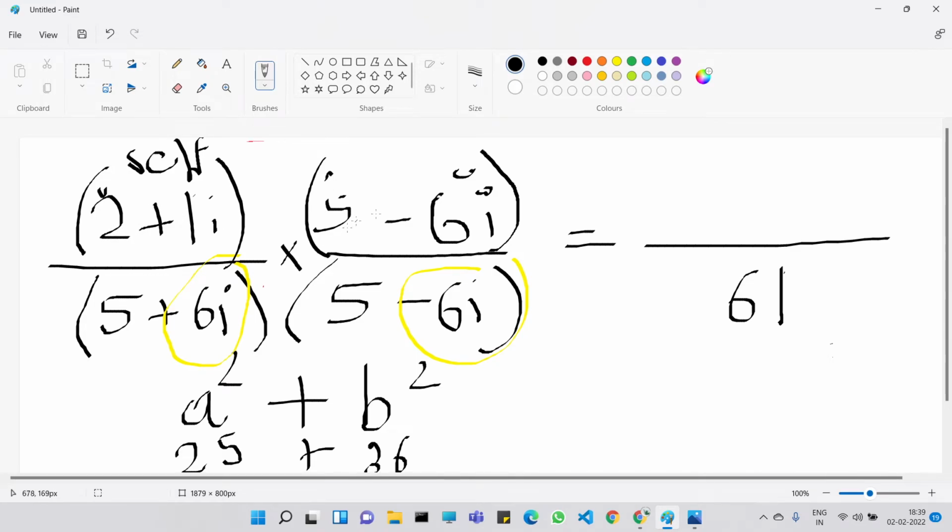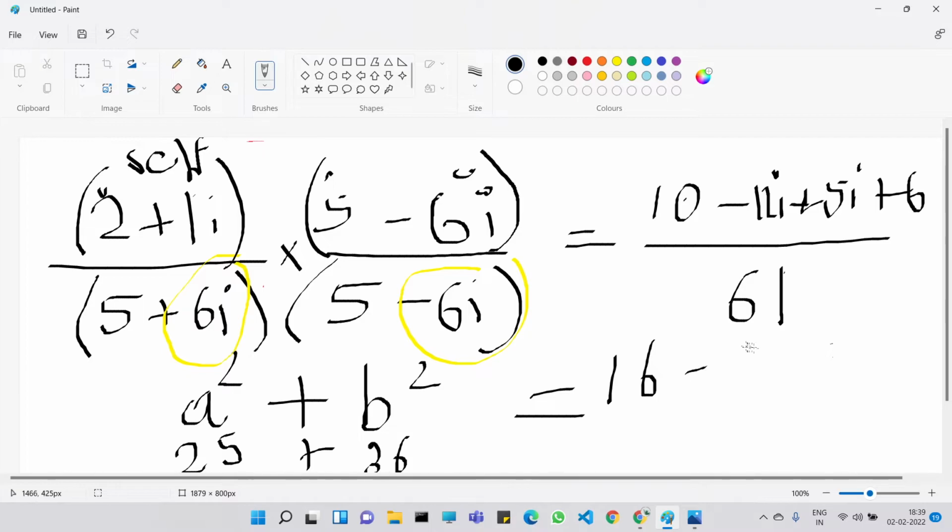This term will be 5 into 2, 10, then minus 12i plus 5i, then finally plus 6, so it's going to be 16 minus 7i, equal to 16 minus 7i divided by 61.